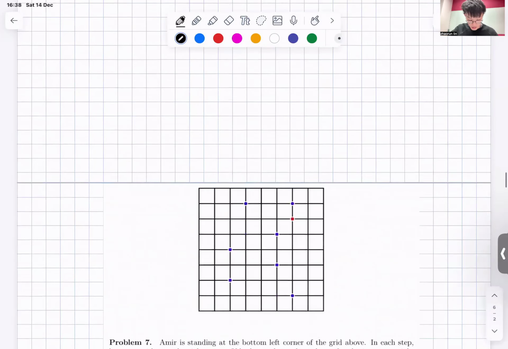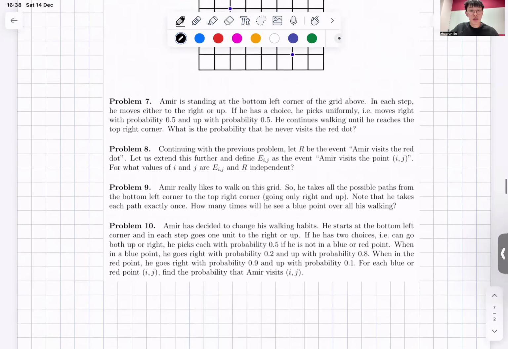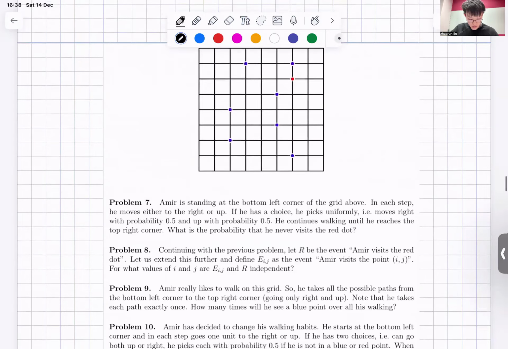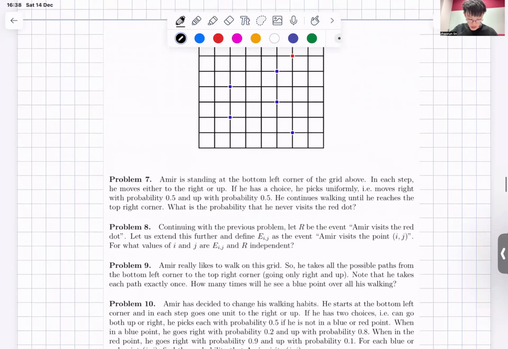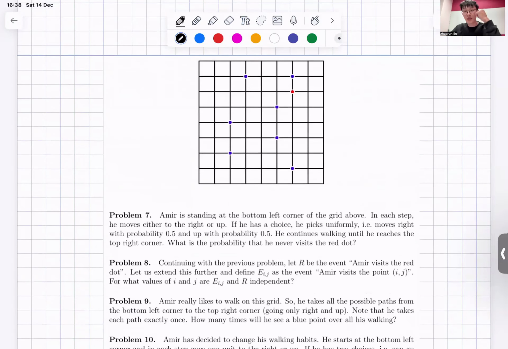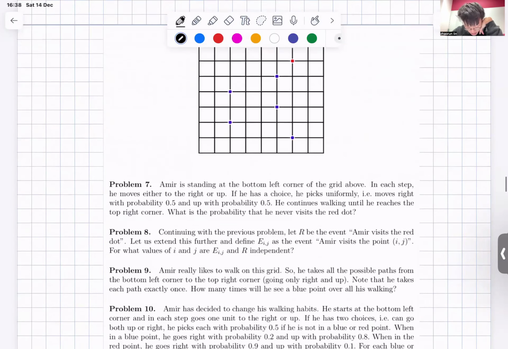This is problem 6. And for problem 7 to 10, it's asking about Amir walking on this grid. For problem 7, Amir starts at 0, 0, the bottom left corner, and he keeps on moving right or up.